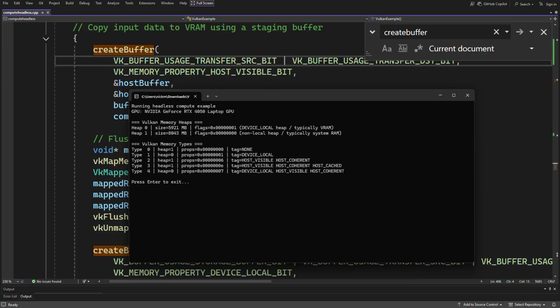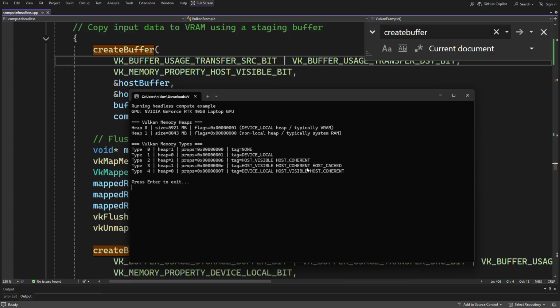Then you have a thing called bar mapped VRAM. Basically, the CPU maps to the VRAM directly, right? So I'm going to assume that Type 4 is bar mapped VRAM, because we know it's device local memory, but the CPU maps to VRAM directly.